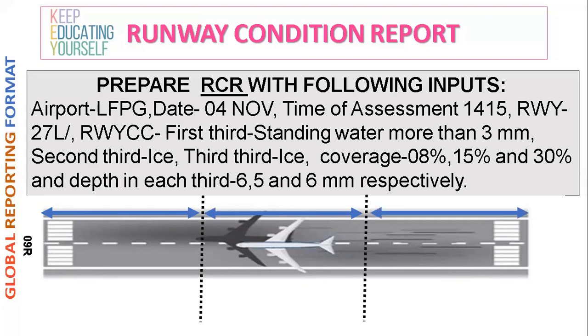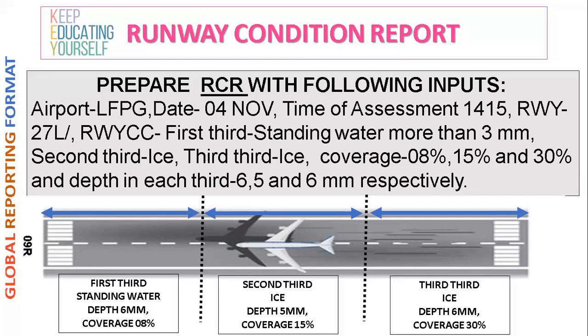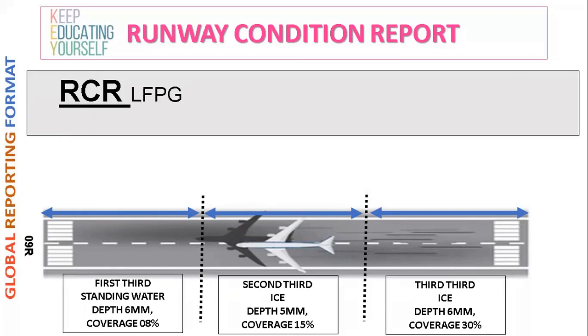Then we will write first third: standing water, depth 6 mm, coverage 08%. Second third is ice, depth 5 mm, coverage 15%. Third is ice, depth 6 mm, coverage 30%. So now one by one we will solve.